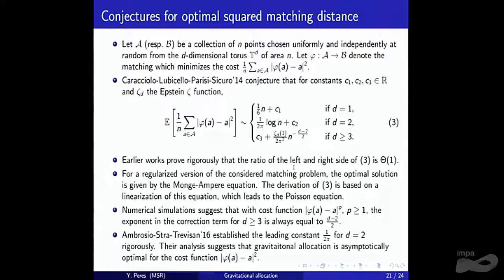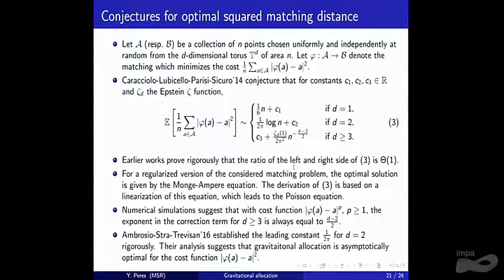They emphasize that they don't find any explicit coupling that will achieve this exact optimum. So they don't prove that it will be something like this gravitational or Laplacian type matching, but they do prove that the optimal matching will have this asymptotic 1 over 2 pi.